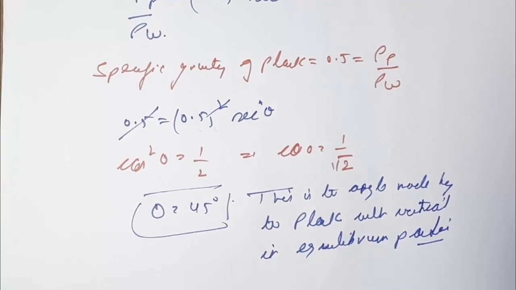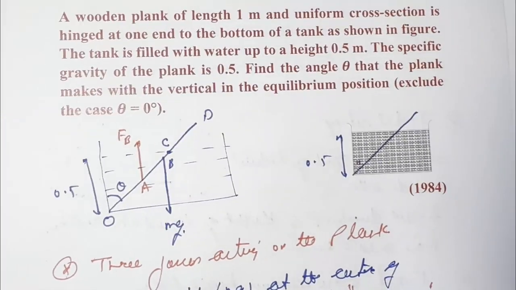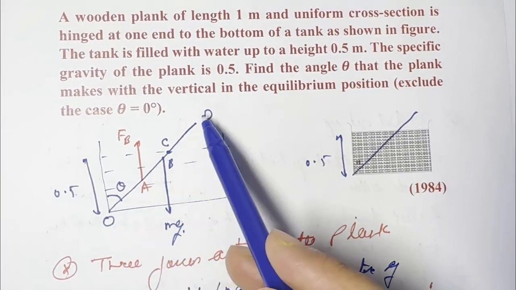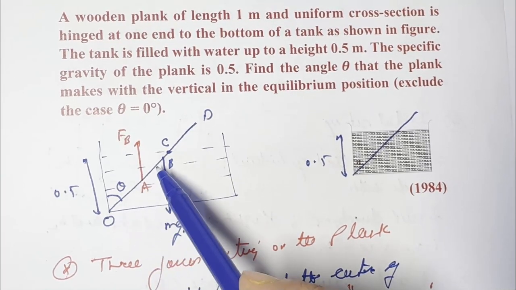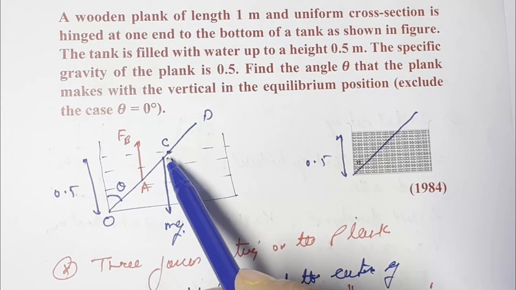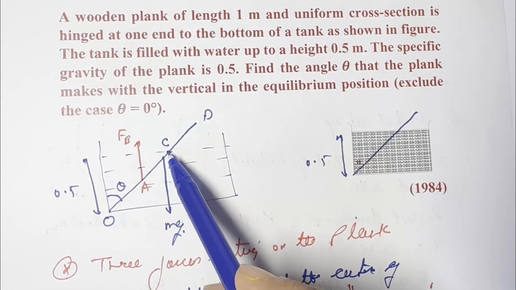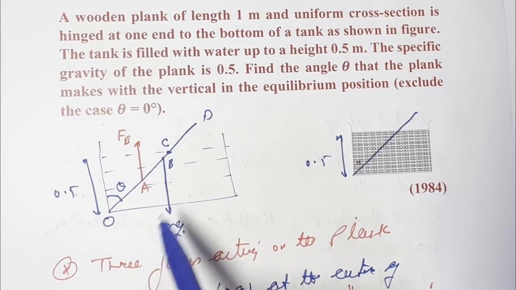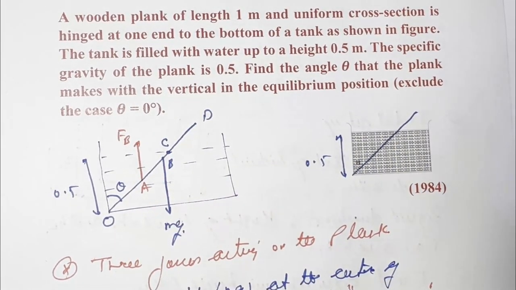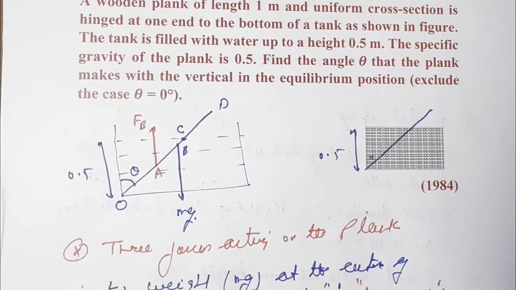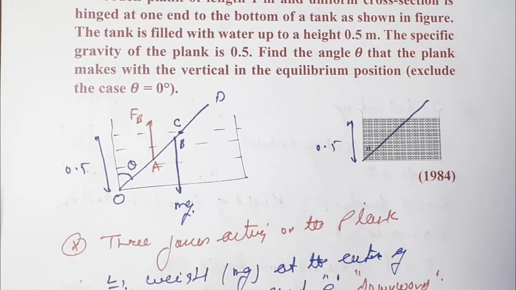So this question was quite simple, except that we have to remember that the weight will be acting for the entire plank, and the buoyant force will be acting only on the part which is submerged in the water or liquid. That's the only difference or important point in this question. Rest is the simple equations, equating them for the equilibrium, and we are going to get the final answer. So this completes the question. Thank you.